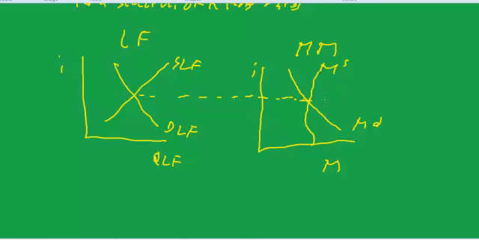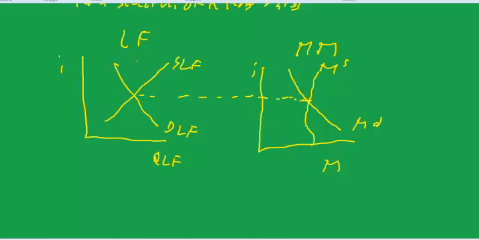And an example of a shift. The demand for loanable funds might increase. That could come from anything on the spending side: a sudden increase in the marginal propensity to consume, or an increase in investment for just animal spirits, for whatever reason businesses want to invest more, or an increase in government spending, or a cut in taxes.